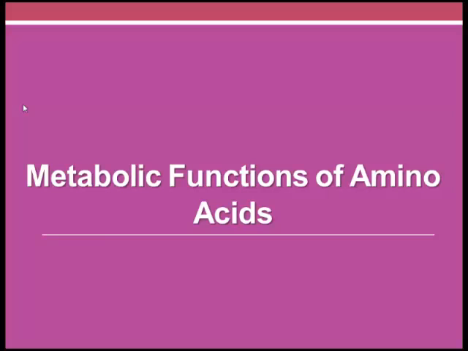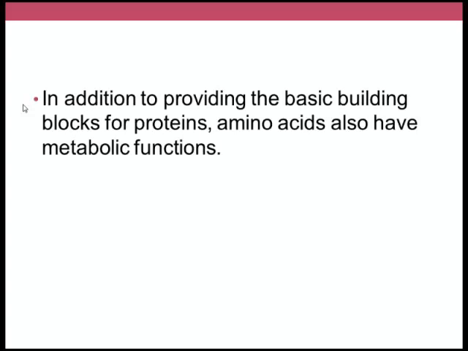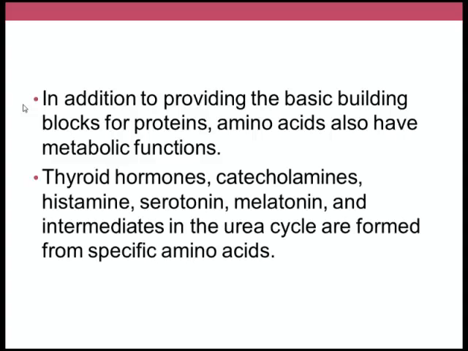Now we are moving to the final part of today's lecture, which is to define the main metabolic functions of amino acids. In addition to providing the basic building blocks for proteins, amino acids have other metabolic functions. So in addition to structural functions, they have different metabolic functions.